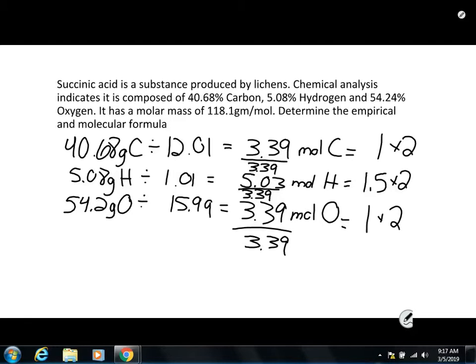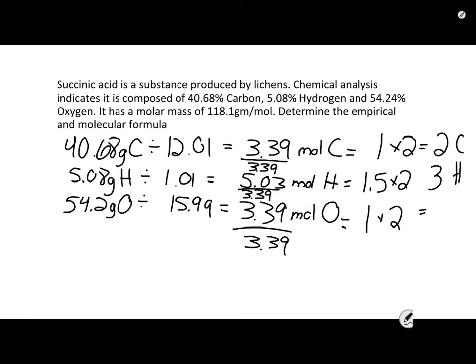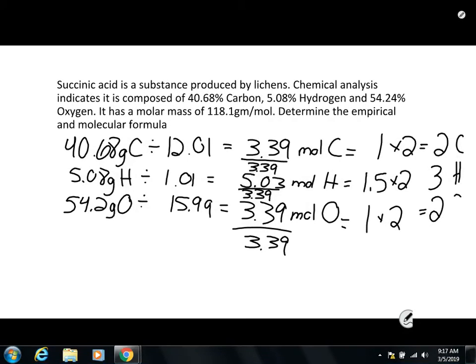You do not have to multiply by 10. It could be by 2, it could be by 3, whatever gets you to a whole number quicker. So in this case, we're going to multiply by 2, giving us 2 carbons, 3 hydrogens, and 2 oxygens.